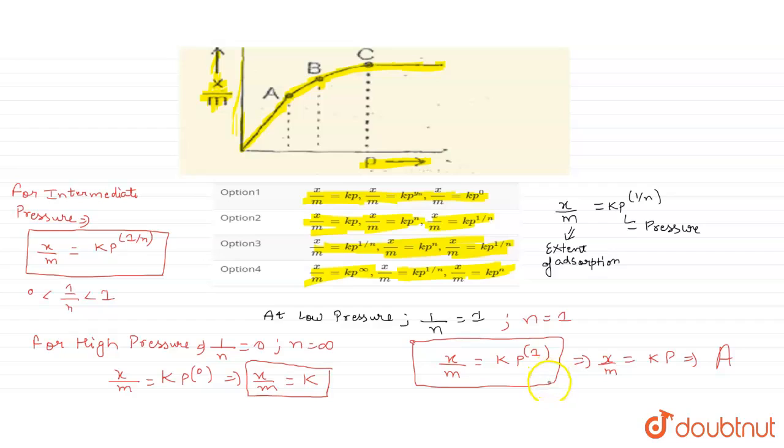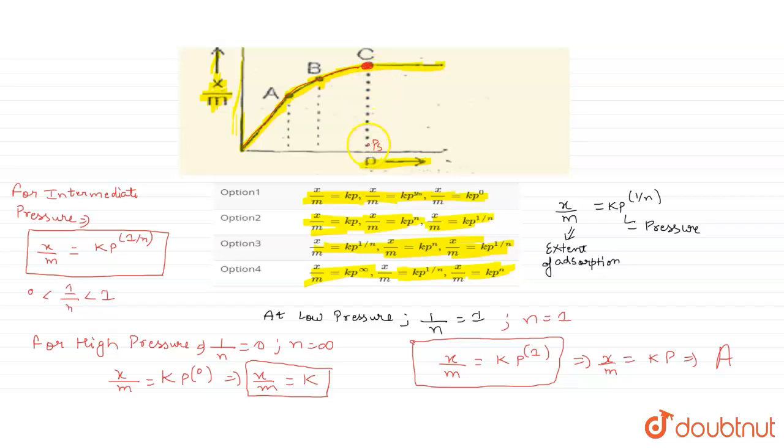So the extent of adsorption increases with pressure like this, and becomes maximum. You can easily see that from the figure. And this pressure is known as the saturation pressure.